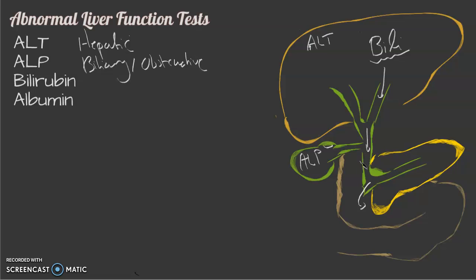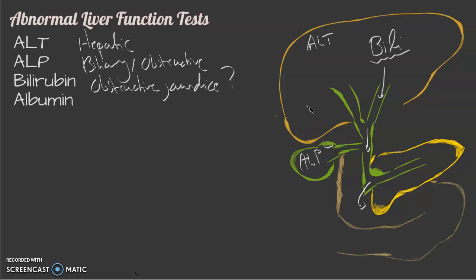For example, if there's an obstruction somewhere causing a backlog of bilirubin, that would be a post-hepatic cause. So if the bilirubin is very high, you're thinking, is this an obstructive jaundice? We'll go into that a bit more later as well.